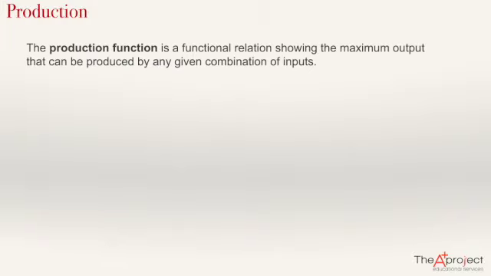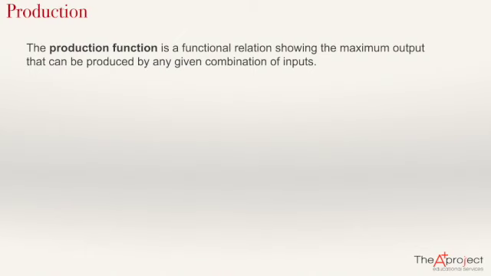The production function is a functional relation showing the maximum output that can be produced by any given combination of inputs. And of course, in these inputs, we are going to have the factors of production.